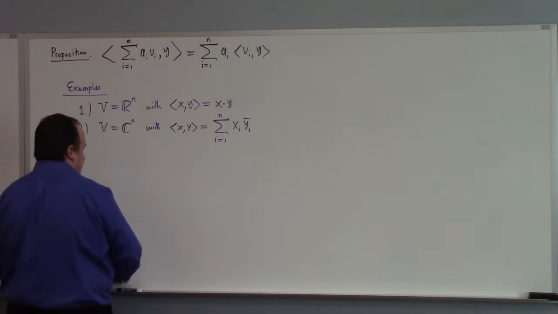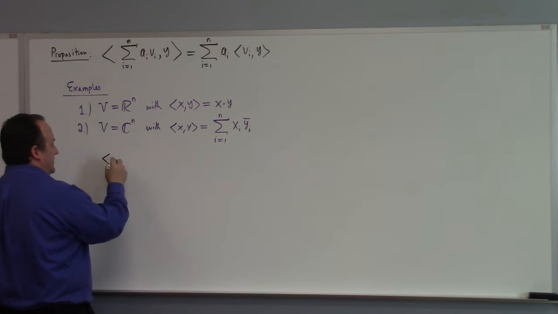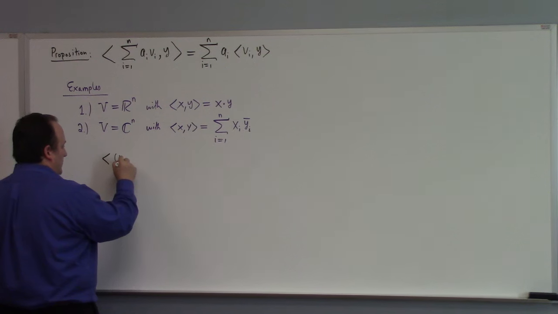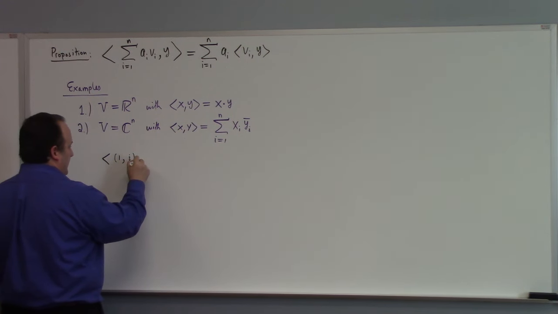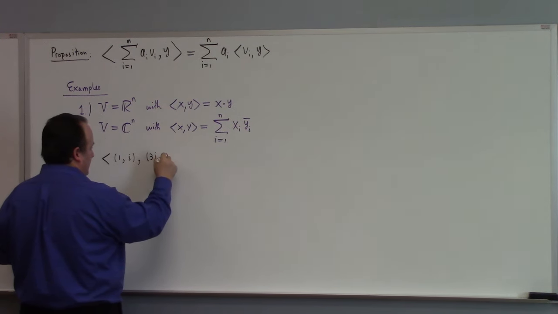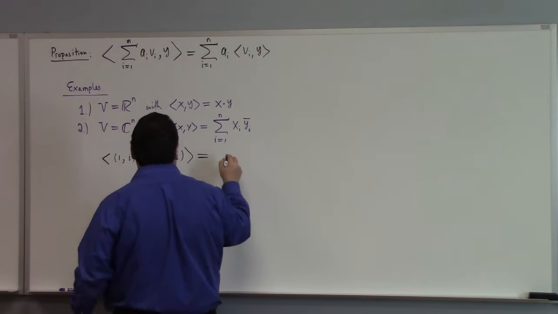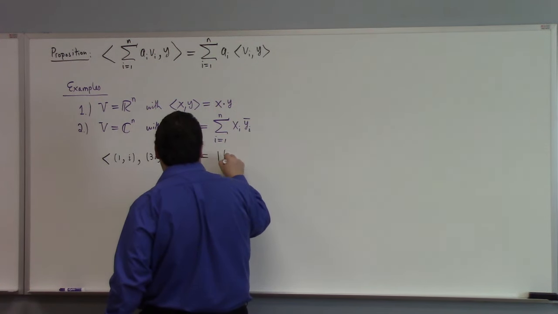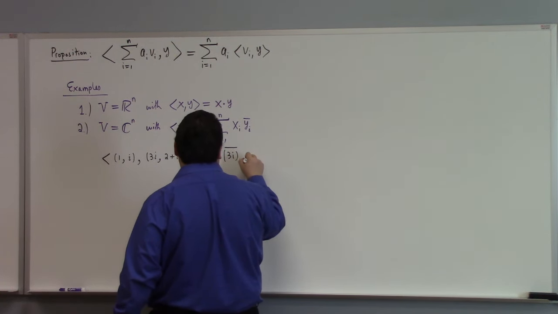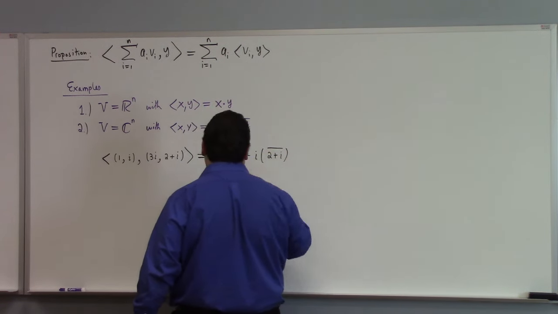Just to make this a little bit more concrete, if we're in, for example, C^2, if we had, oh, I don't know, (1, i), and we're taking the inner product of that with (3i, 2+i), how would that go? We do 1 times the conjugate of 3i, plus i times the conjugate of 2+i.